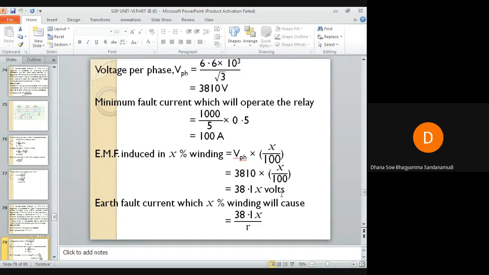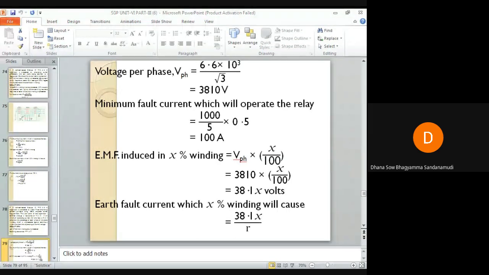So the EMF induced in X percentage winding is 38.1 X volts. So the earth fault current which X percentage winding will cause will be equal to the EMF induced in X percentage by the R value. R value is already given in the problem, that is 7.5.